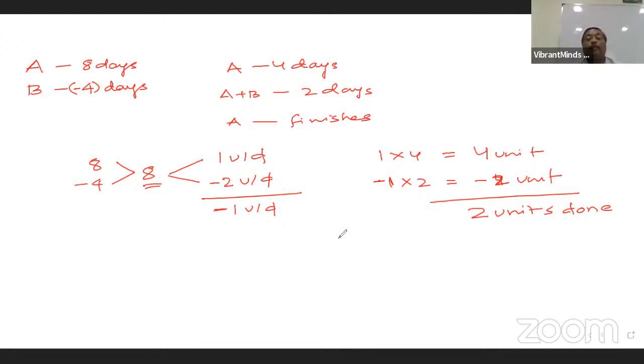Out of total 8, we have remaining 6. Who is going to complete? A is going to complete with 1 unit per day. How many days is he going to take? 6 days to finish the remaining job. Is it clear? Now see.